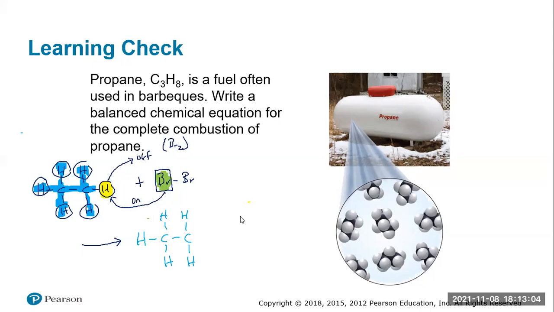So we will put our bromine on right there. What else happens is the hydrogen comes off, and we also have one more bromine. So those two come together, and that's basically going to be H plus and Br minus, and that will make HBr.